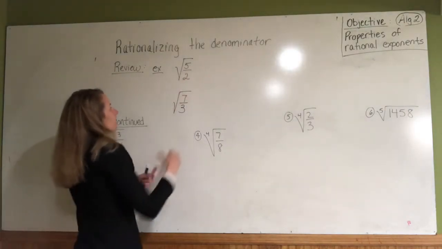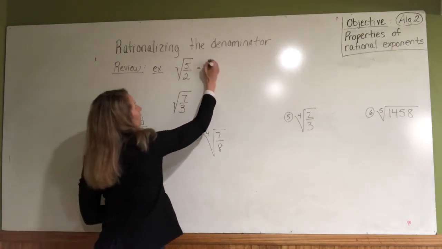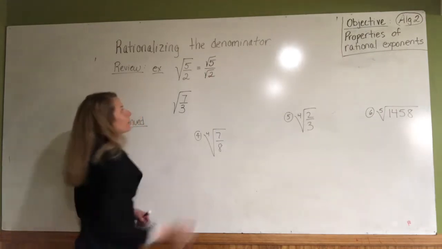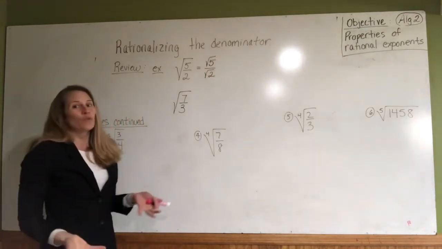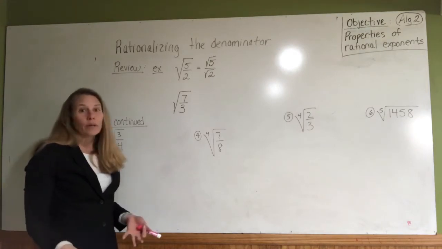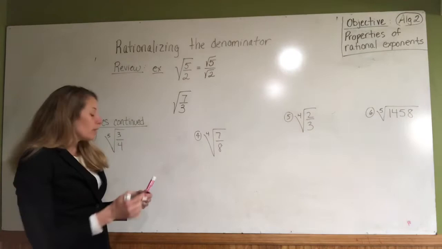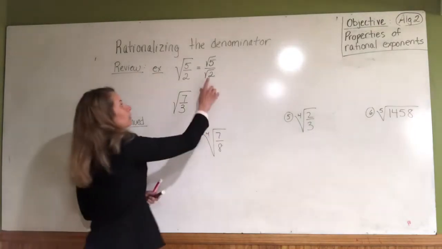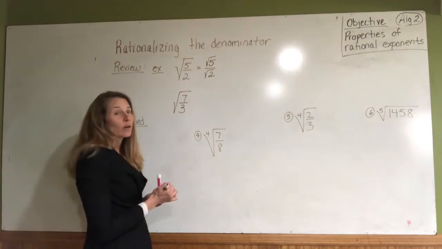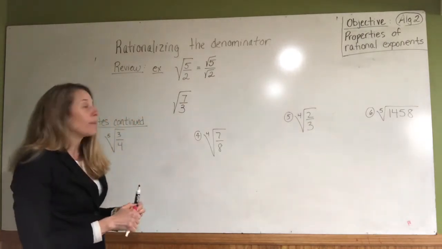So in this case, even though we can follow the property that we just reviewed by separating this numerator and denominator, the problem is there's nothing else we could do. Neither of those numbers can be broken down any further, or neither of them are perfect squares or anything like that. But then we run into a problem because we're not allowed to leave a radical in the denominator of our fraction. So that's when we have to rationalize the denominator.